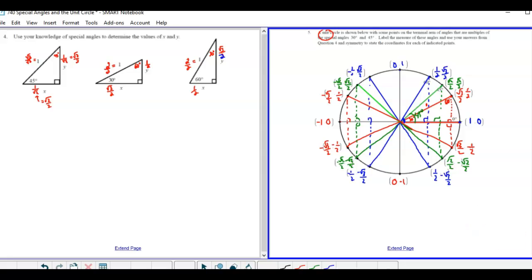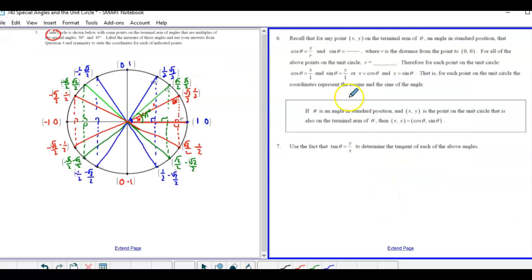So I'm going to go to the next part here. Recall that for any point (x, y) on the terminal arm of theta, an angle in standard position, cos of theta equals x/r and sine of theta equals y/r, where r is the distance from the point to (0, 0). For all the points on the unit circle, r is 1, because it's a unit circle.